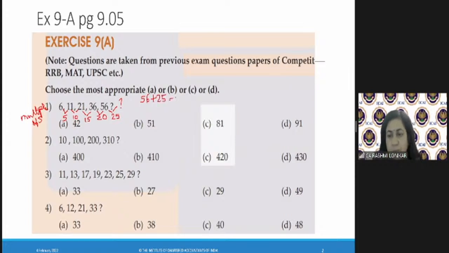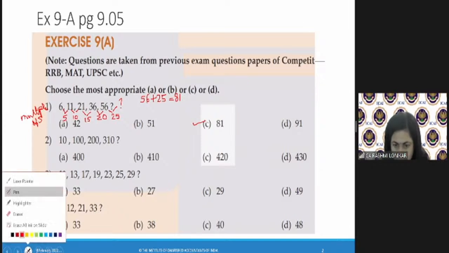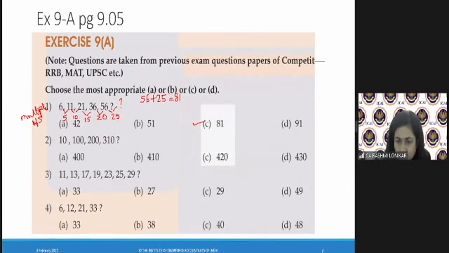What is 56 plus 25? 81. So what is the answer? C is the answer. 81. Okay? Understood? Yes. So let us go to the next sum.